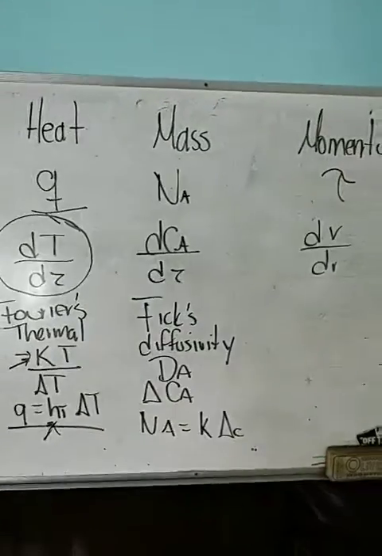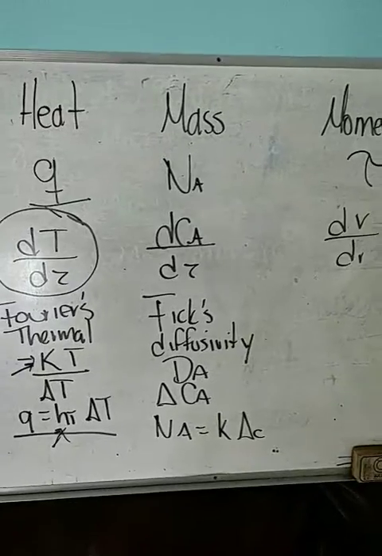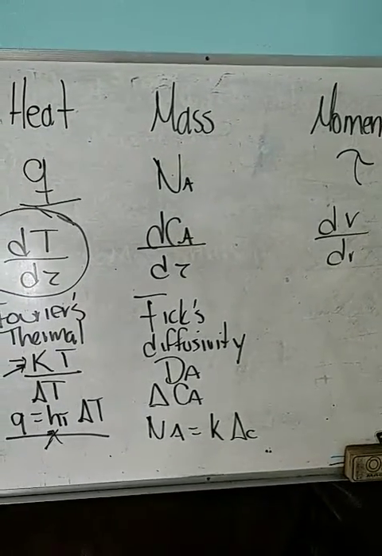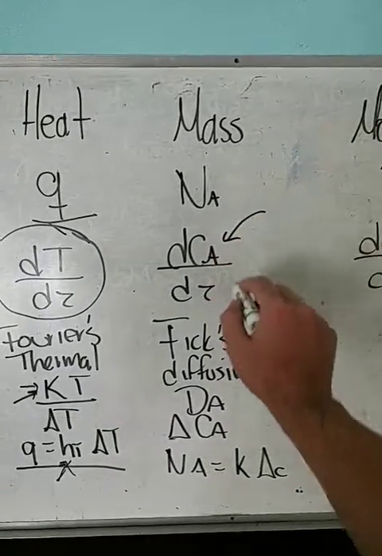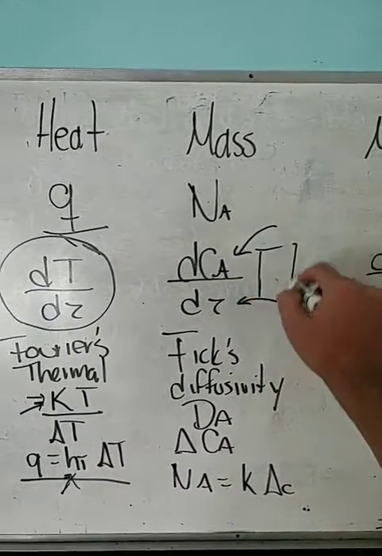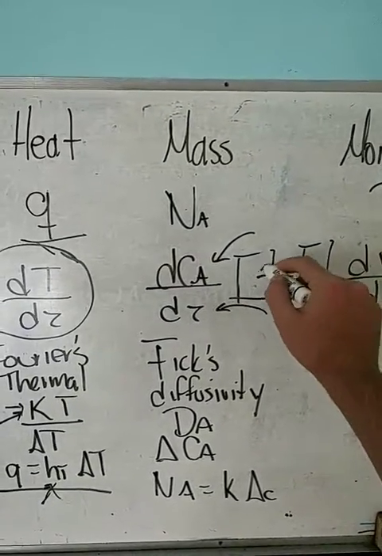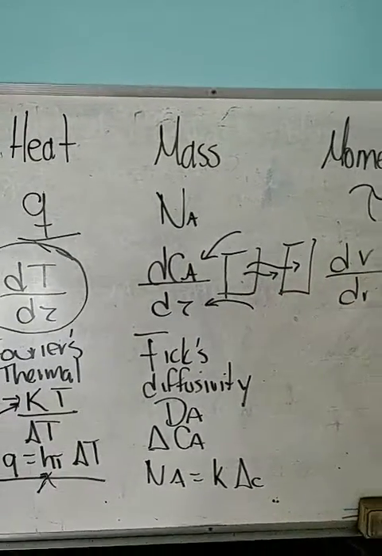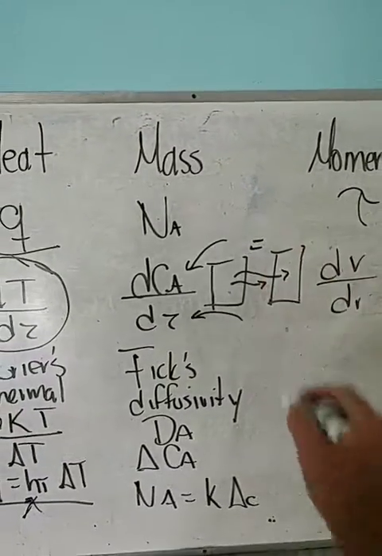Also, we have the mass transfer. The mass transfer is when I have the diffusion coefficients. This one is given by a concentration and a certain distance. Remember that it is passing an object, a particle, to another object, and we're tending to the equilibrium.